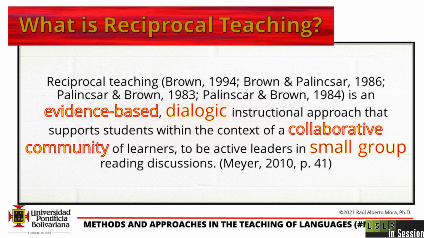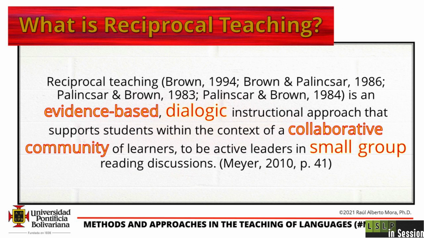The second idea is the dialogic. So the key to having people come together in a group is to give them a space to talk and to dialogue, and through conversation be able to help each other, because that goes into the same part, a collaborative community.